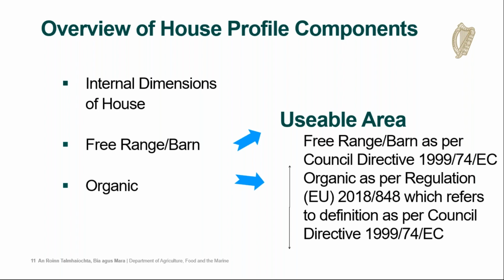For the free range and barn, this comes directly from Council Directive 1999/74, and for the organic production, it comes from Regulation 848 of 2018, which refers you back to the definition as per the Council Directive 1999/74.